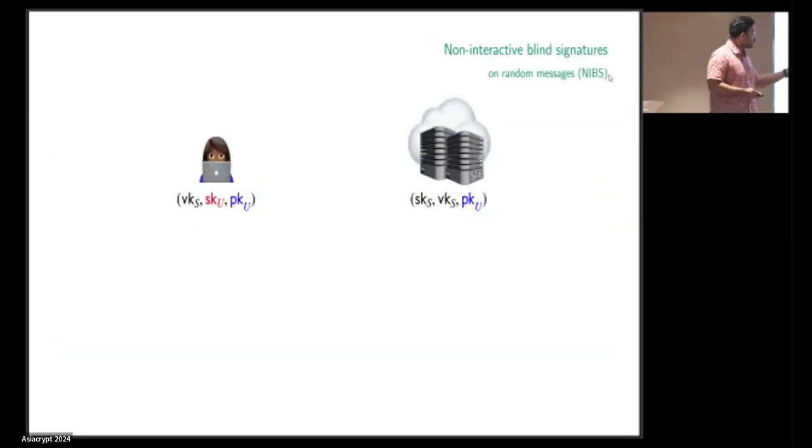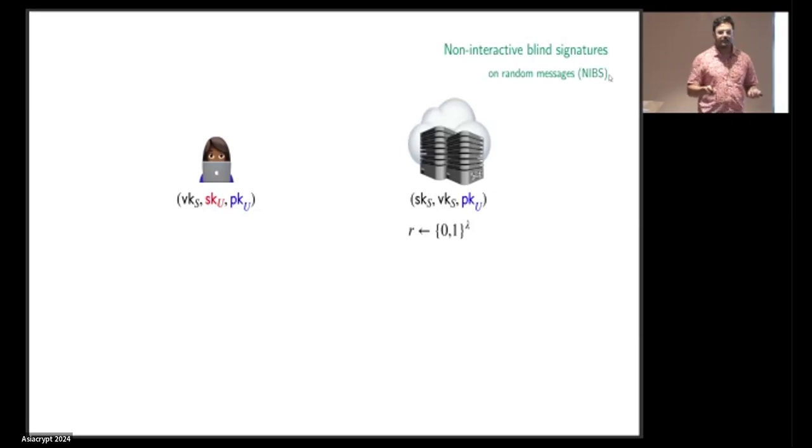This gives non-interactive blind signatures randomly. At a high level, the protocol proceeds as follows. First, the user must create its own public and secret key pair, and then the signer also has that. So there's some sort of PKI where you have all these public keys. But this is done once as well.